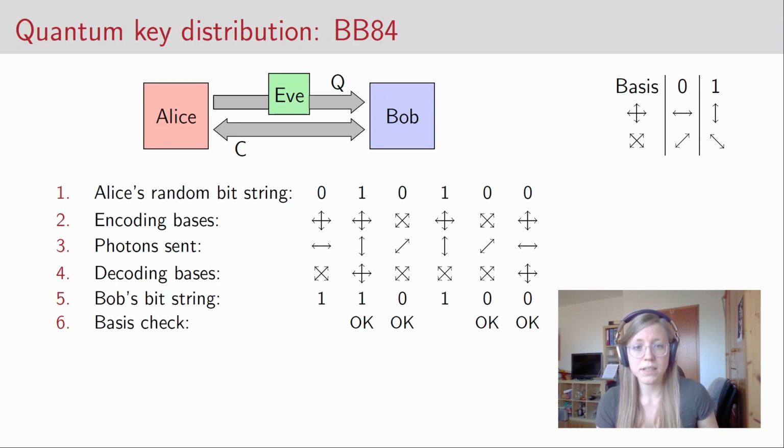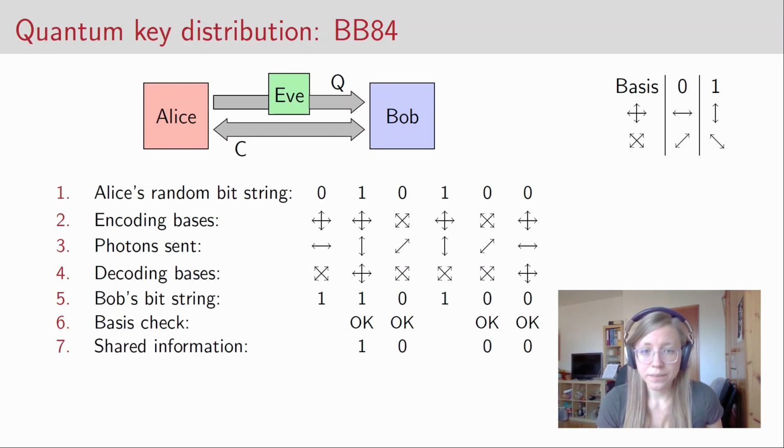So these bits are discarded. They are not used in the following process anymore. But 4 bits are okay. Bob and Alice have chosen the same basis, so they can use these bits to further generate their key. The shared information they both hold is now the string 1000.